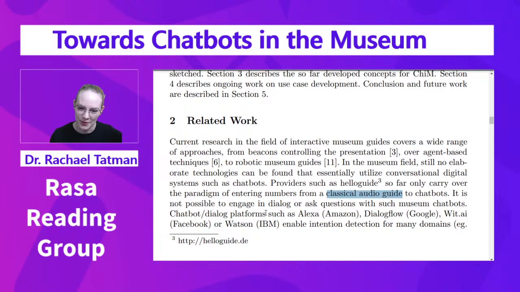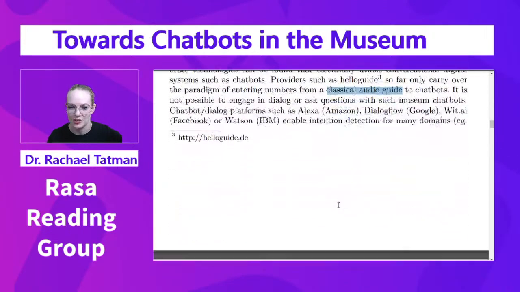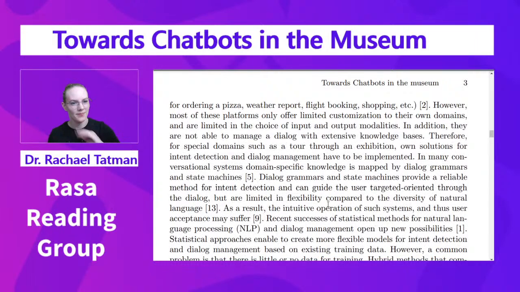It is not possible to engage in dialogue or ask questions with such museum chatbots. Chatbot platforms such as Alexa, Dialogflow, Wit AI, or Watson enable intent detections for many domains, or Rasa, for ordering a pizza, weather report, booking a flight, shopping, etc.